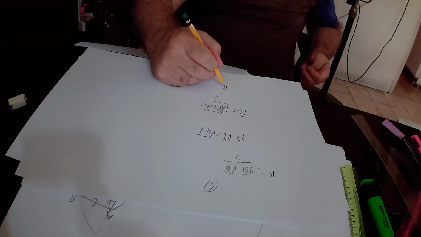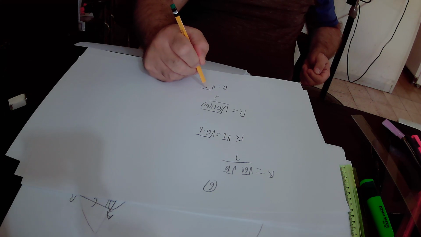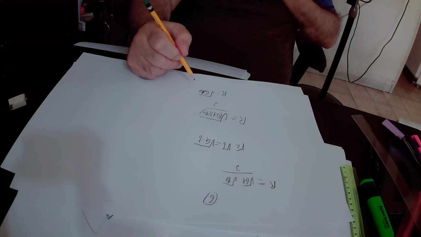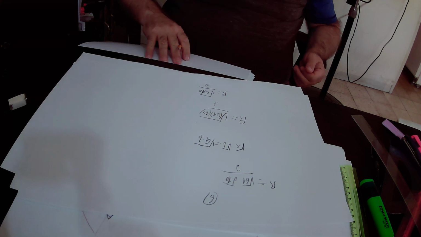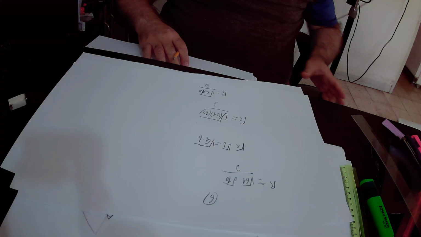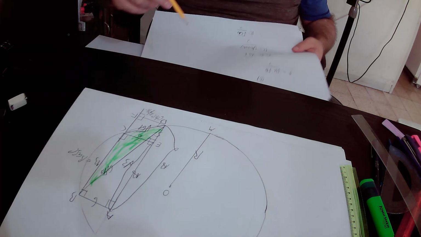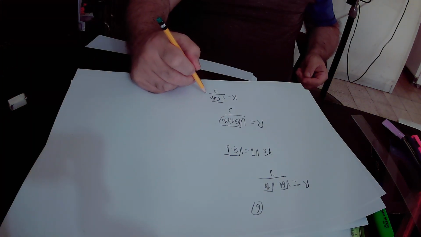So the radius will be equal to the square root of 610 over 2. So the answer to the question is that the radius of this circle that blocks triangle DBC is equal to the square root of 610 over 2.